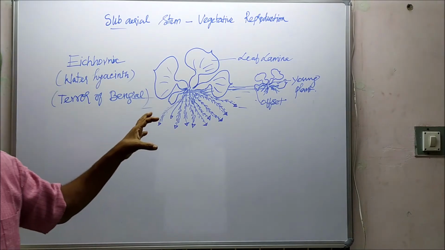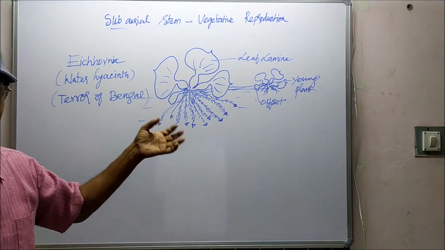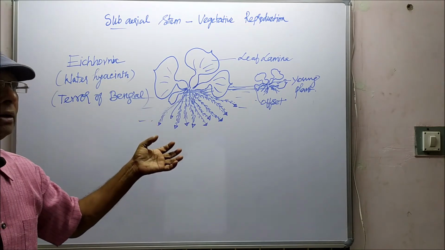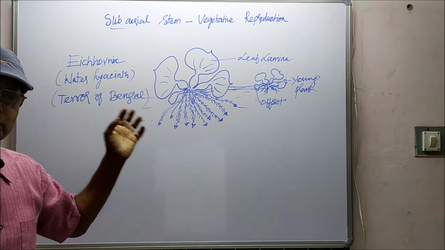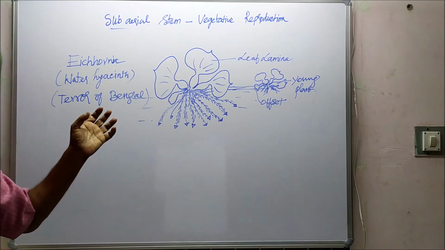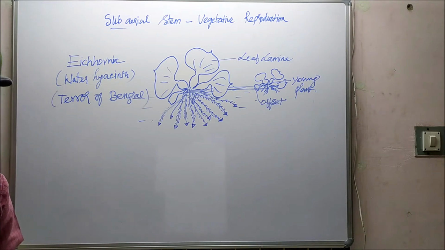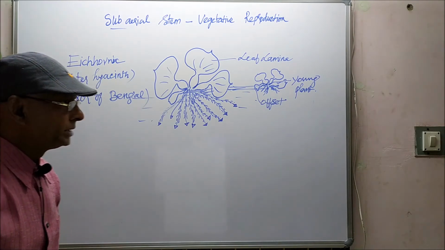So the water during the course of time will be polluted, and other aquatic organisms cannot get enough oxygen from the water bodies. So they will die during the course of time. This is the main defect of this Eichhornia.